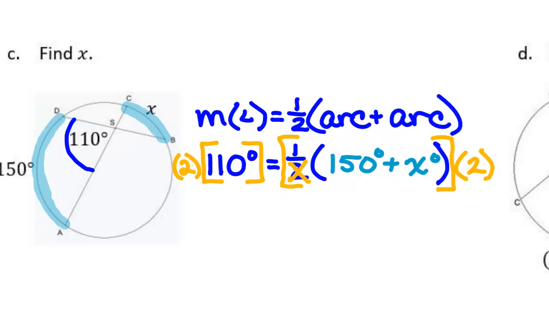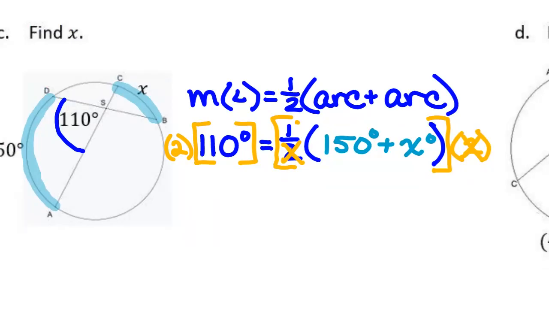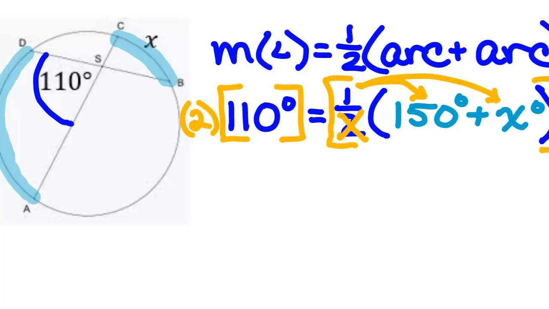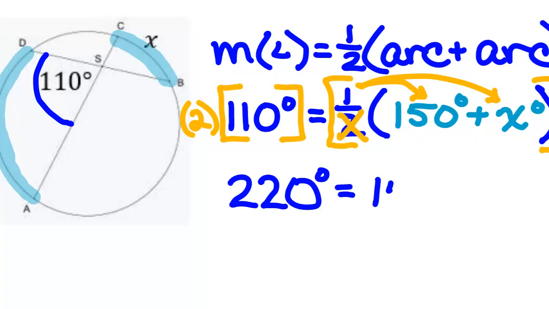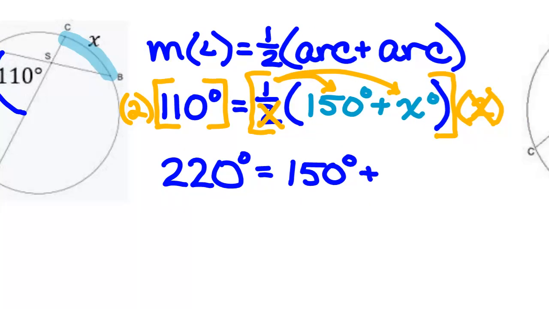So that cancels out my denominator. Technically, that 1 still distributes inside the parentheses. Over on the left, I have 2 times 110. So that would be 220 is equal to 150 times 1 would just be 150, plus x times 1, which is just x.